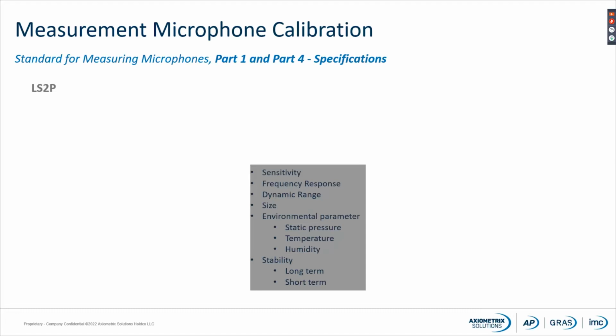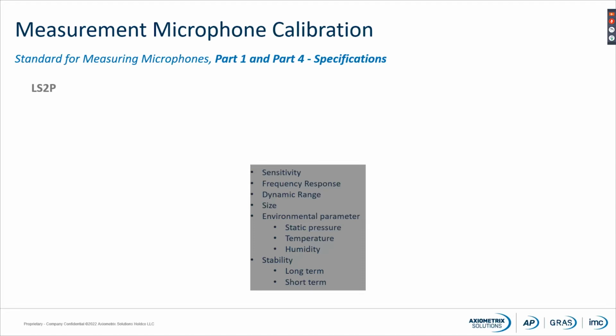As mentioned, for the specifications of microphones fulfilling the measurement standard, part 1 and part 4 are important because these two parts describe the specifications.